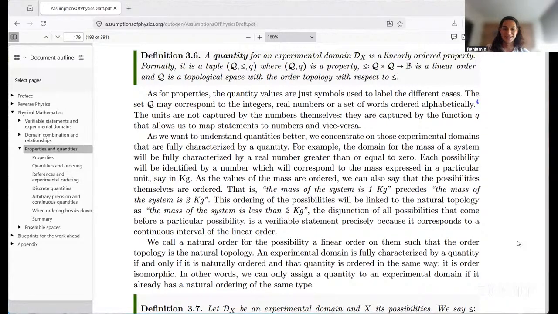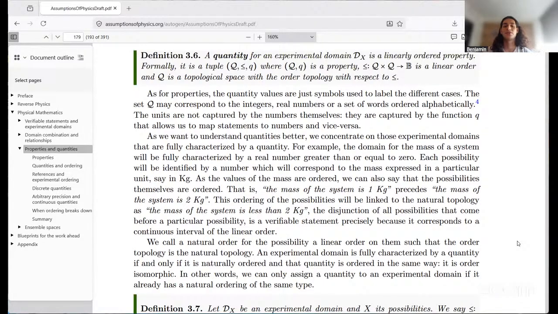As the values of the mass are ordered, we can also say that the possibilities themselves are ordered. That is, the mass of the system is 1 kilogram precedes the mass of the system is 2 kilograms. This ordering of the possibilities will be linked to the natural topology as the mass of the system is less than 2 kilograms. The disjunction of all possibilities that come before a particular possibility is a verifiable statement precisely because it corresponds to a continuous interval of the linear order.